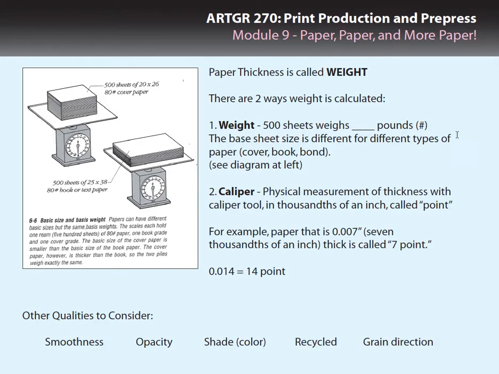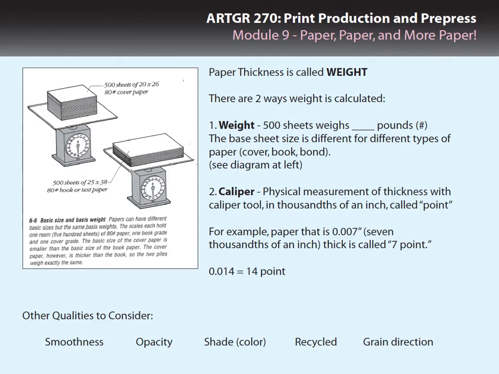When they're talking about the pound of a paper, the weight, that's done by measuring 500 sheets. They'll take 500 sheets of paper and cut it to a basic press sheet size. Book paper has a specific size, and cover paper has a specific size. You can see in the diagram on the left, cover paper is cut to 20 by 26 to measure, while book paper is cut to 25 by 38.